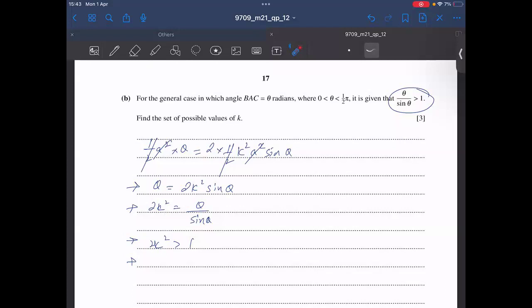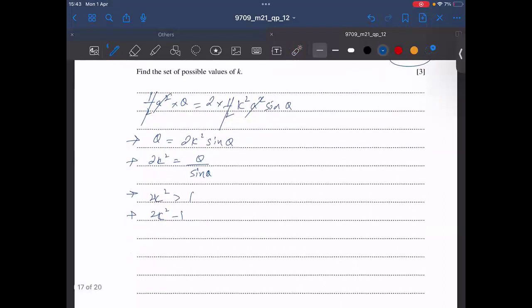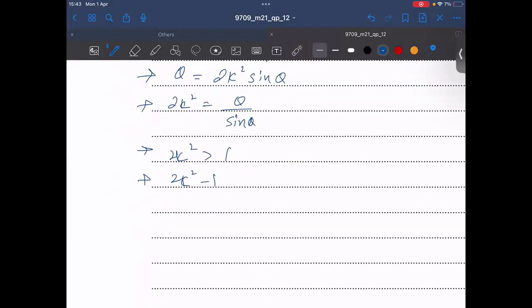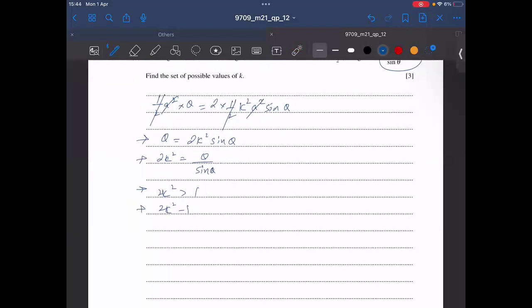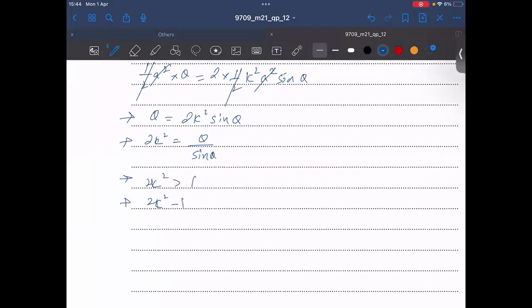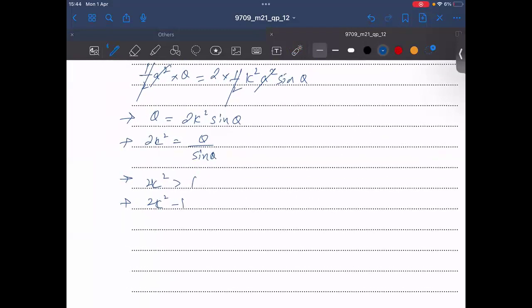Right? Then it's going to be square root of 2k minus 1 times square root of 2k plus 1.